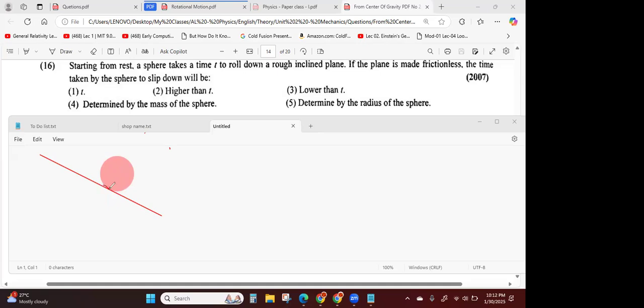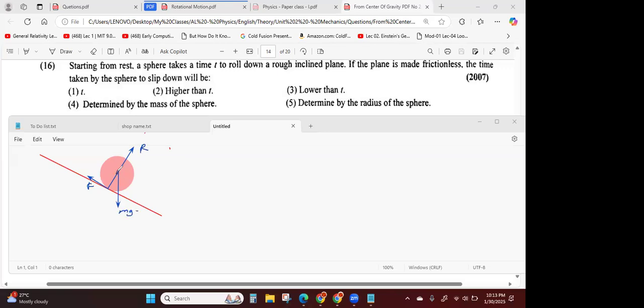So the friction will be on this side, the normal reaction force from here, and the weight.